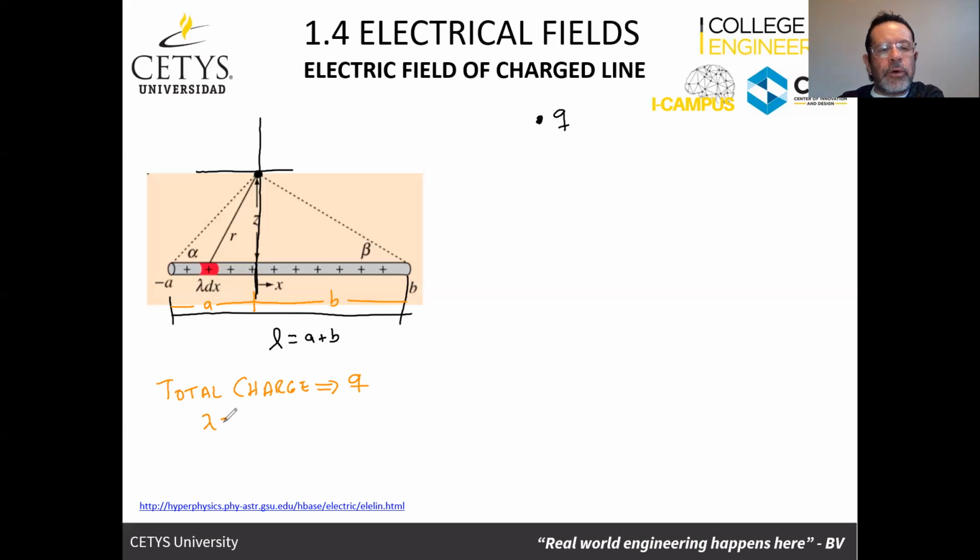Lambda is going to be the amount of charge we have divided by, in this case, the length of the line. So it's going to be coulombs per meter, for example. It's how the charge is distributed along the line.